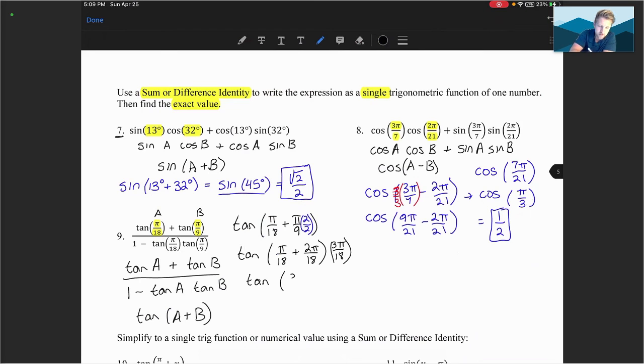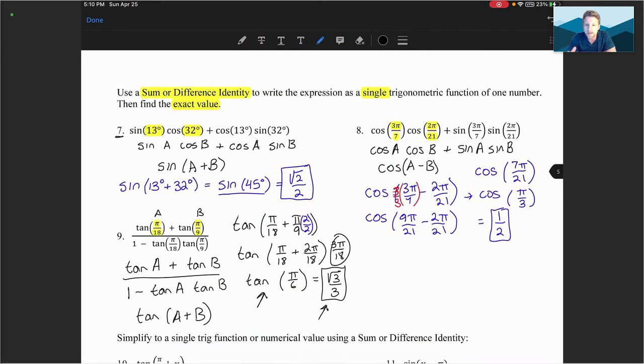But that 3 pi over 18 we can think about as just pi over 6. So this will go just down to a pi over 6 when I add those two together. So tangent of pi over 6, or tangent of 30 degrees here, is going to be the root 3 over 3. So that's our single expression right there, tangent of pi over 6, and there's our exact result, square root 3 over 3.